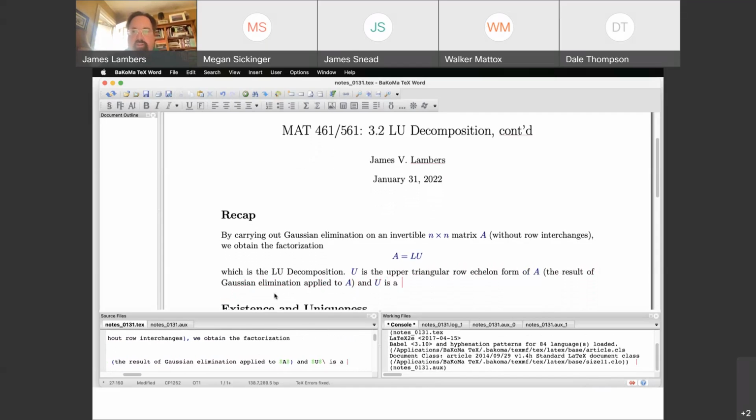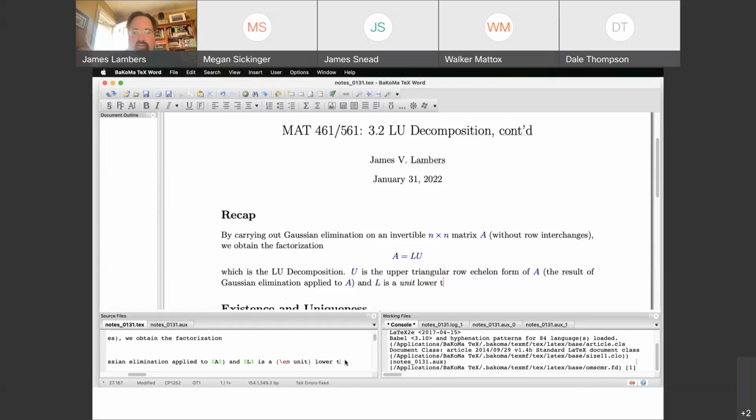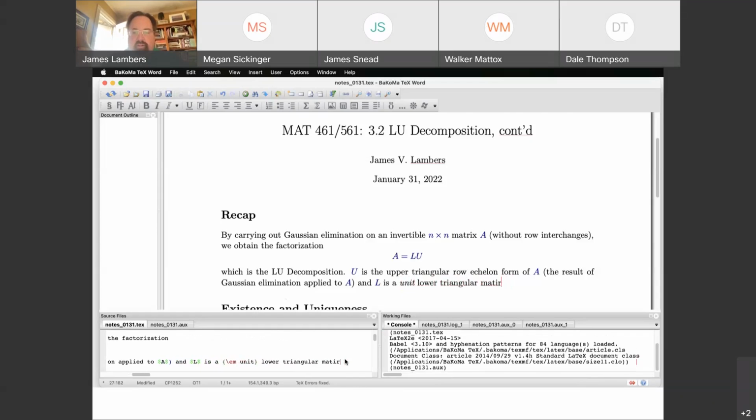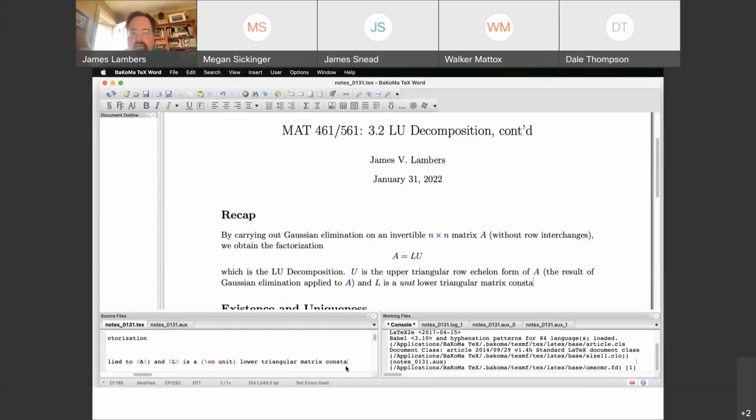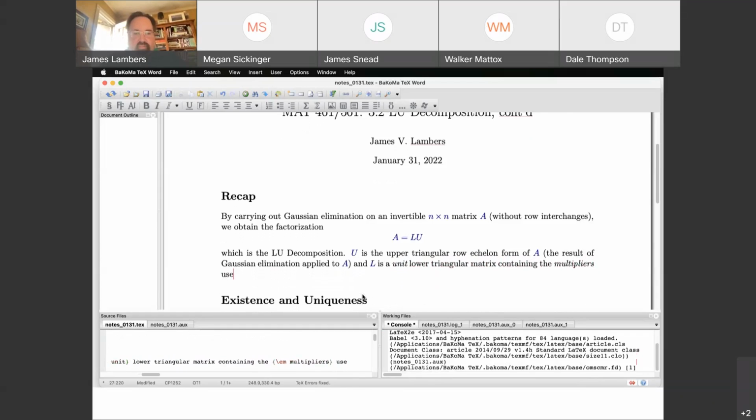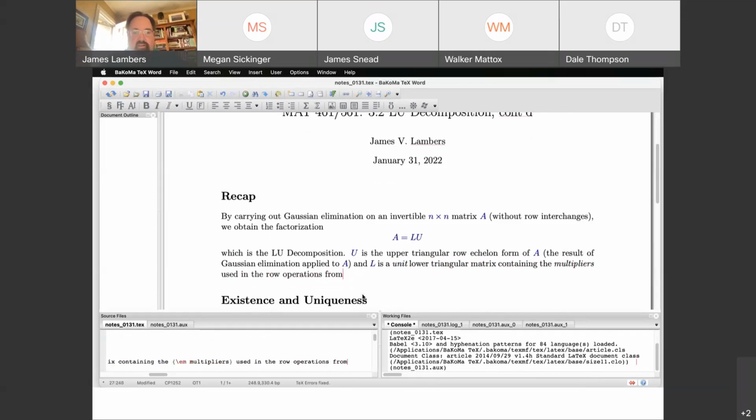And L, rather, is the unit lower triangular matrix, and it contains in its lower triangle the multipliers from the row operations that were performed during Gauss elimination.